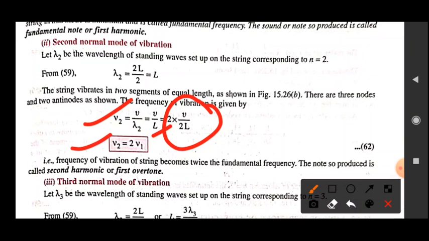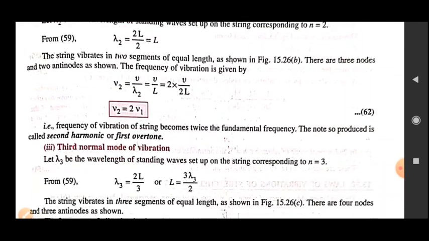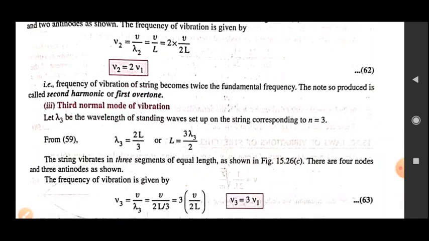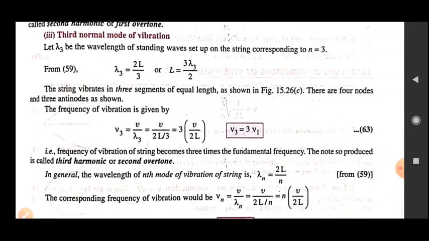So nu2 is equal to 2 times nu1. It means the frequency of vibration of the string becomes twice the fundamental frequency in the second mode. This second mode is also called the second harmonic, or first overtone.